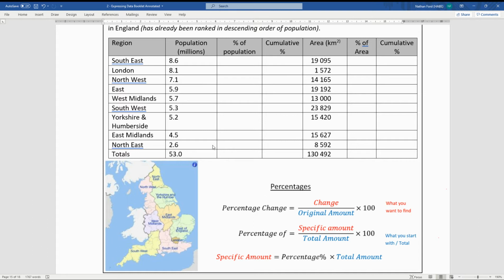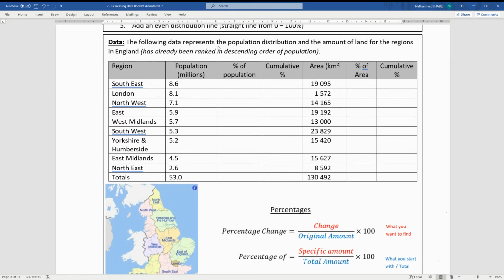What we've got is data of the population distribution and the amount of land it occupies. In the UK, this is from 2014 data, a little bit old, but it's still good. In the southeast, there was 8.6 million, and it's got a land area of 19,000 square kilometers.